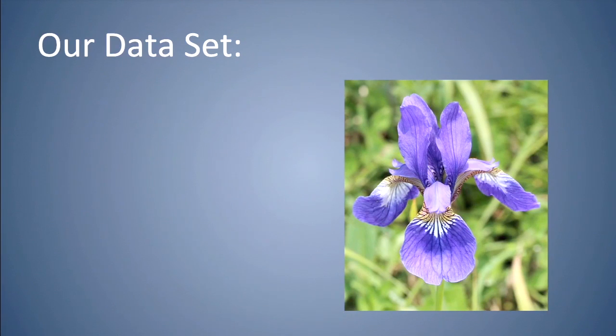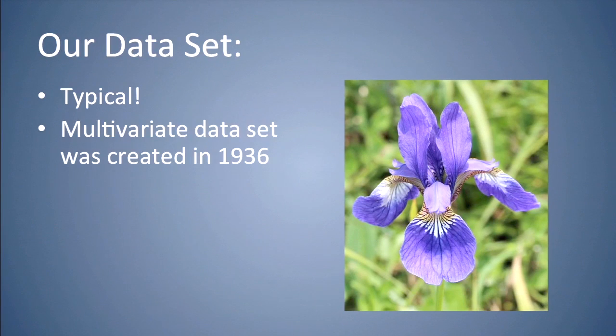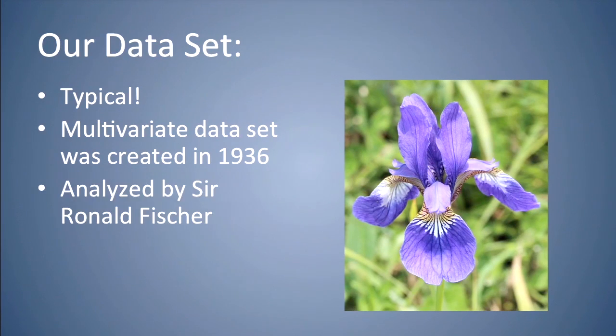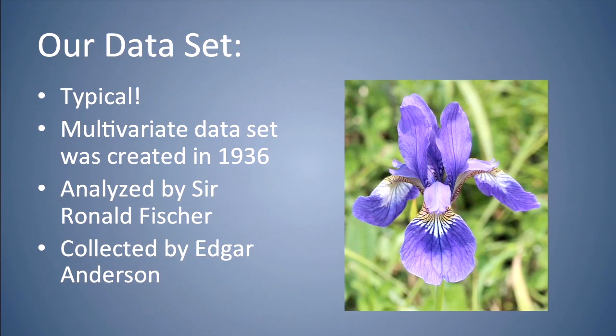It's typical, and it's actually older than Python. It's older than you. It was created in 1936. It was analyzed by Sir Ronald Fisher, but it was collected by Edgar Anderson. So that's a little bit of historical information about the famous iris data set.